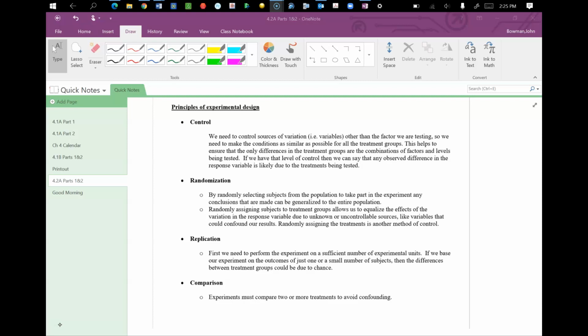Okay? There are different ways that we can actually control things. We can control some of those random variations by randomly assigning subjects to the different treatment groups and balancing them out. But we can also directly control some of those variations. So as an example, let's say that I'm going to teach using 2 different methods in preparation for the SAT.